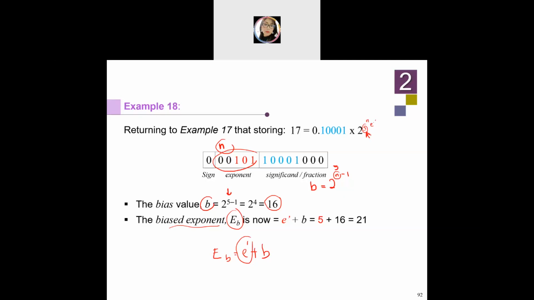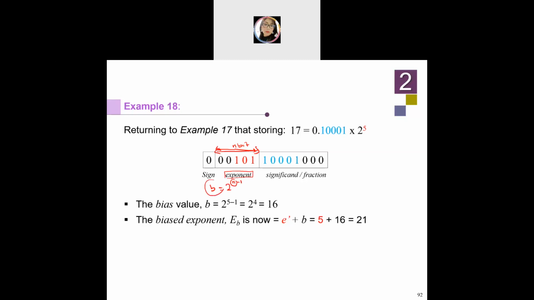And the N value is this. How many bits do you have? You have 5 bits for the exponent. This is the N. Here again, repeat, this is the N bit value. And you have the first equation, b equals 2 to the power of n minus 1, where we get the value of n, the total bits for our exponent.